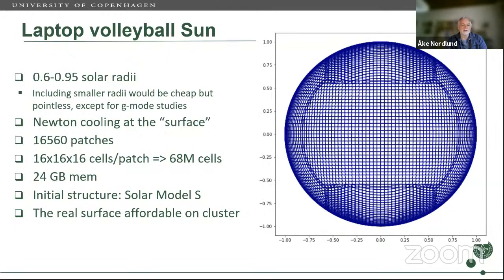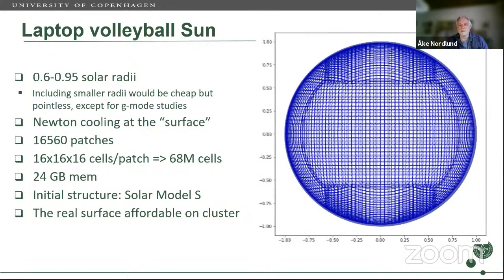And in this case, you need about 16,000 patches to cover the whole thing. So about 68 million cells and 24 gigabytes of memory, not too bad. This laptop has more. And you would then set the whole thing in motion by starting with the solar Model S.